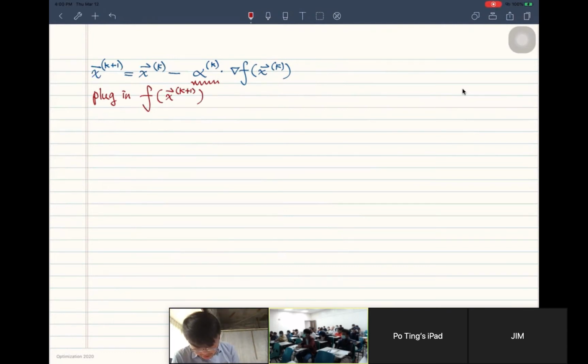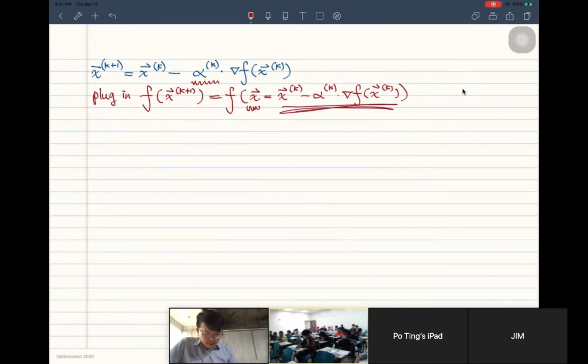So what do we get at the end? So in our function, we have our variable, and we try to use this new equation and then plug in, even though we still don't know alpha right now. We just try to plug in.